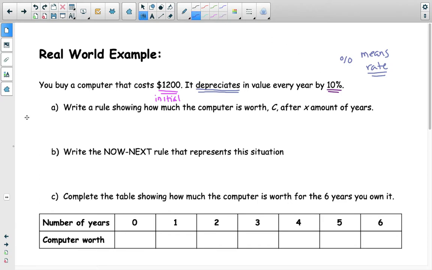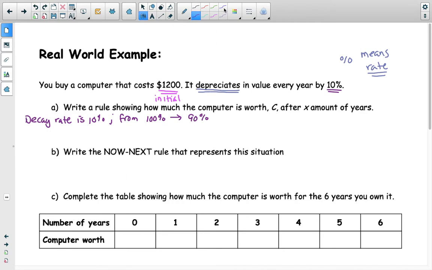We have a decay rate of 10%. So the rate is 10%. From 100%, going down 10% would give us 90% because we are decaying by 10%. From 100, that gives us 90% of the original value.